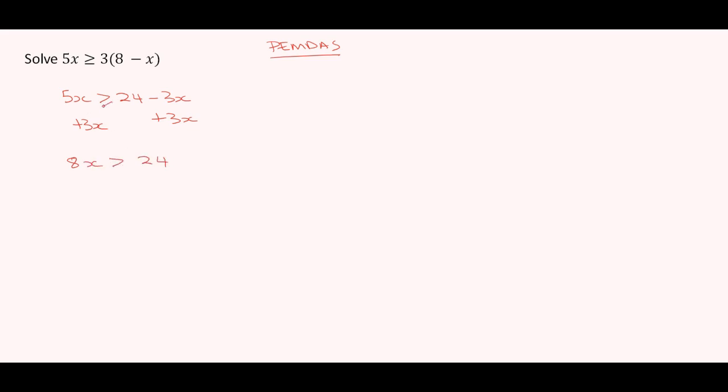It's greater than or equal to actually. So we divide both sides by 8, and you have x greater than or equal to 3. So we represent this on the number line. We have 0 here. We have 3. It's greater than or equal to, so we have a closed circle.